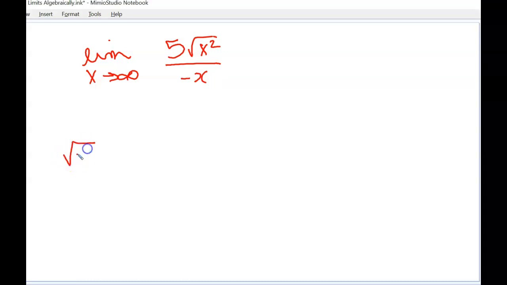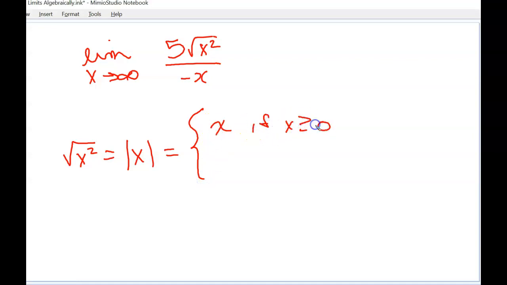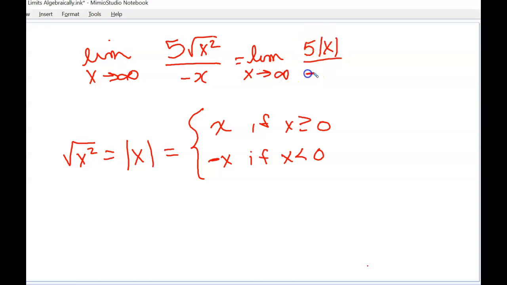The square root of x squared, by definition, is the absolute value of x. And the absolute value of x is x if x is greater than or equal to 0, and negative x if x is less than 0. So the first thing I'm going to do is rewrite this and say this is the limit as x approaches infinity of 5 absolute value of x over negative x.